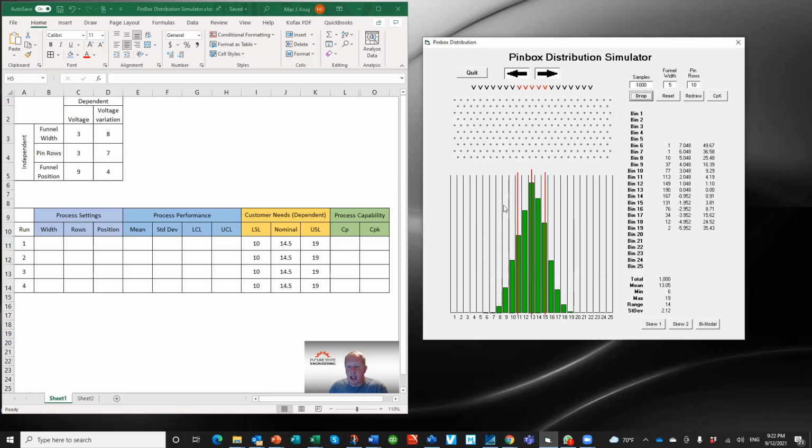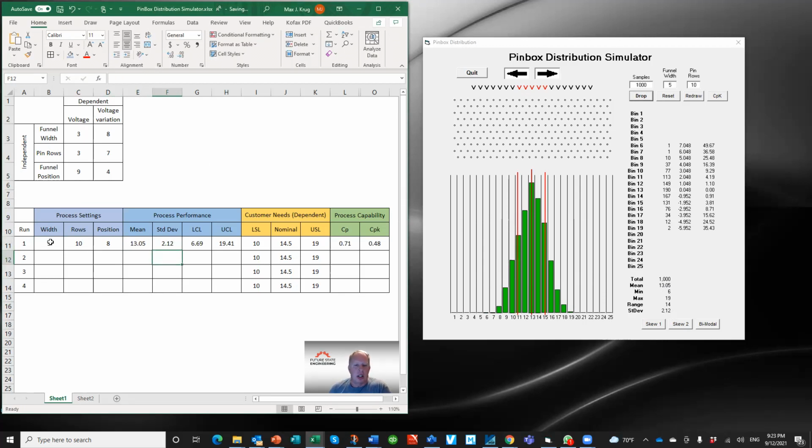I run it and I get a product mix here with variation, and I see I have an average of 13.05 and a standard deviation of 2.12. If I punch in my data here, so my width is 5, my number of rows is 10, my funnel position is 8, my mean from the process is 13.05, and the standard deviation is 2.12.